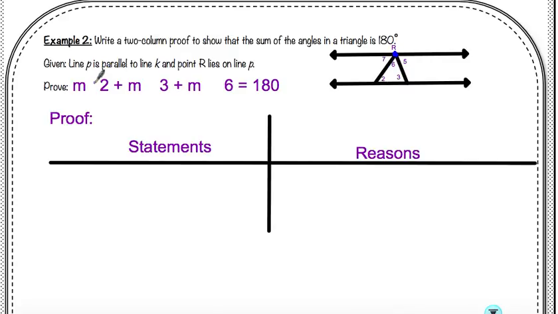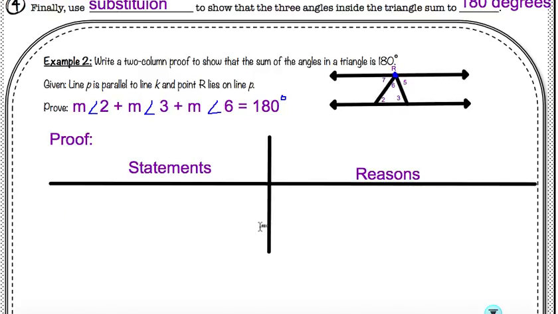Okay, so we're proving the measure of angle 2 plus the measure of angle 3 plus the measure of angle 6 equals 180 degrees. 2, 3, and 6 are the 3 angles inside of this triangle that add up to 180 degrees. So we're trying to prove, if you've got a triangle, all of the interior angles add up to 180. So these are the 3 interior angles.